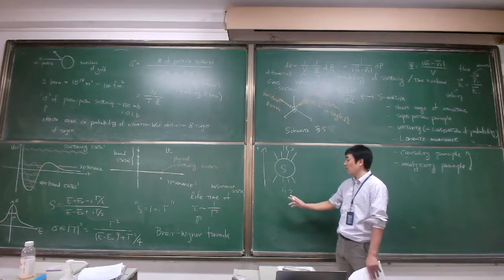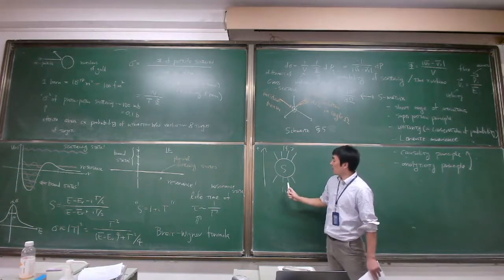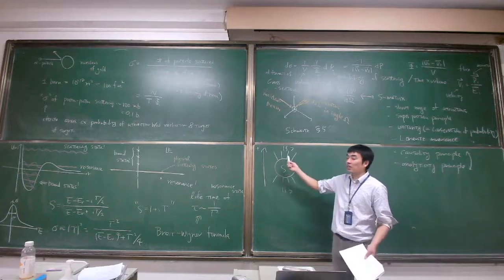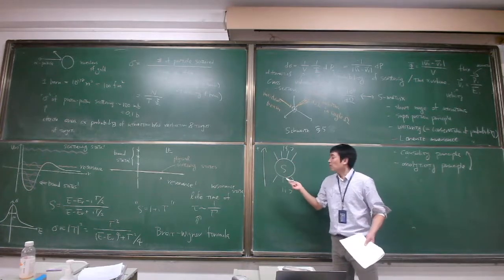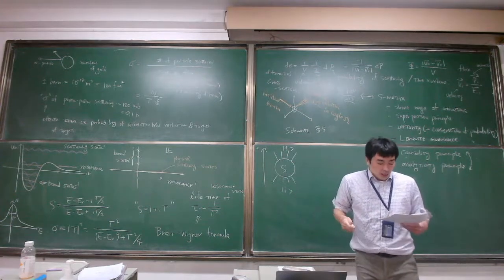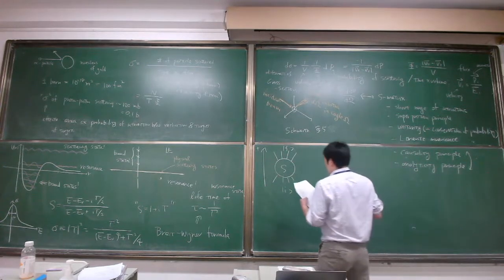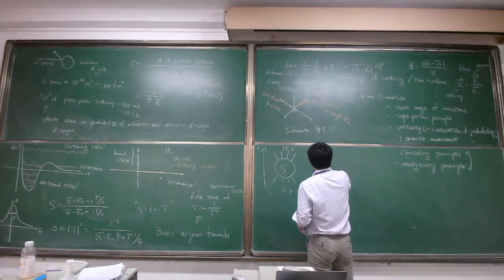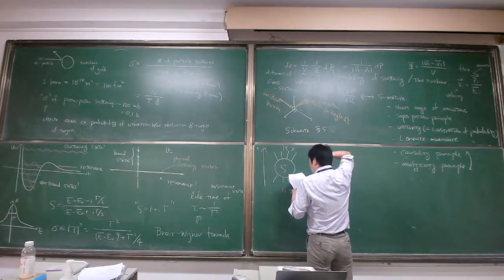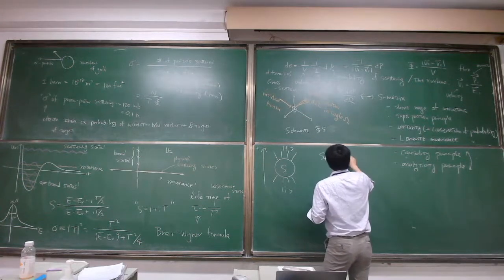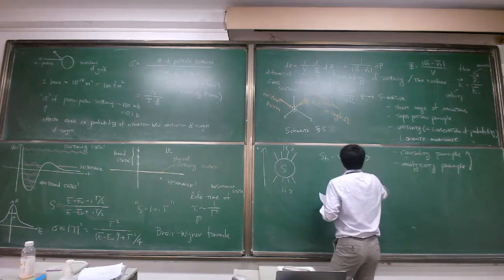There is some interaction in between, and the probability amplitude is given by S_fi, which is the matrix element of S between f and i.